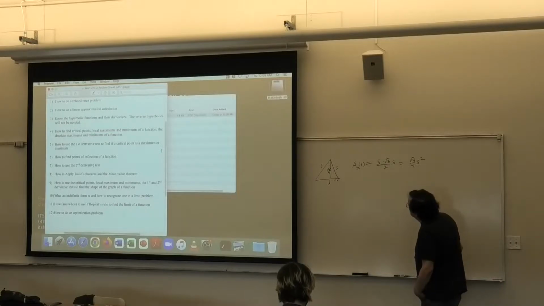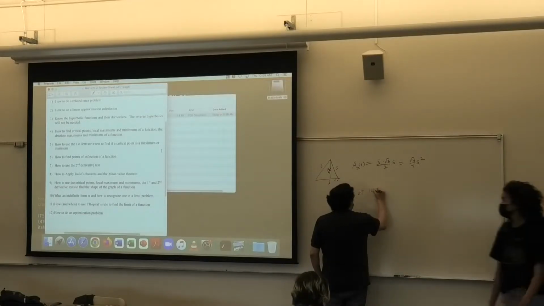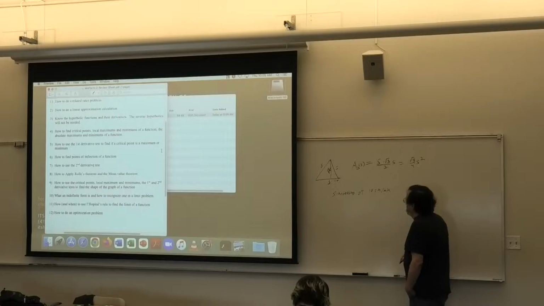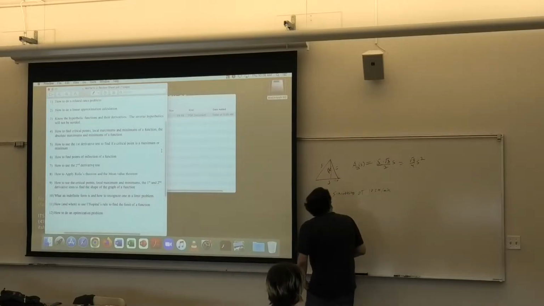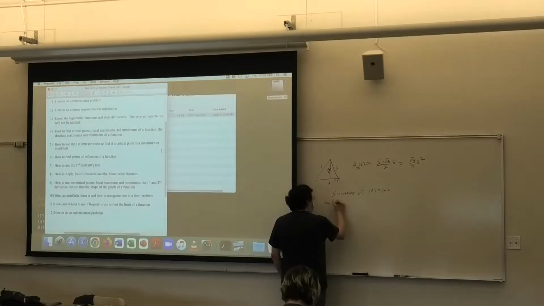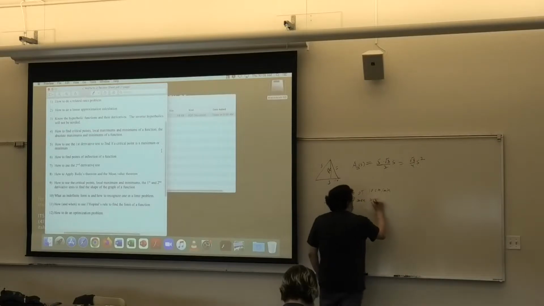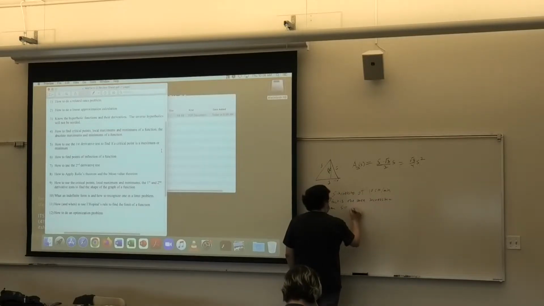And s is increasing at 10 centimeters per minute. And the question is, how fast is the area increasing when s is 20 centimeters?